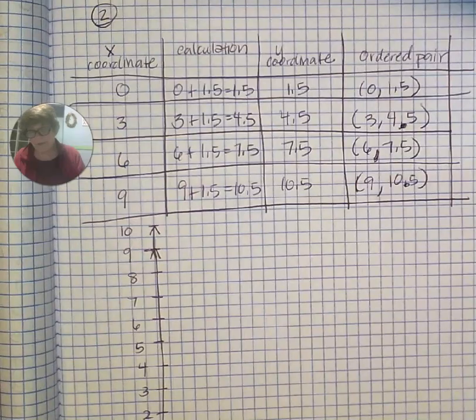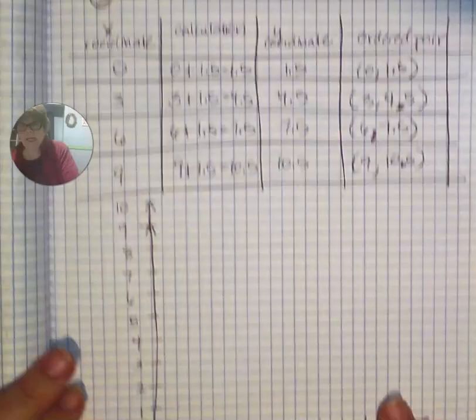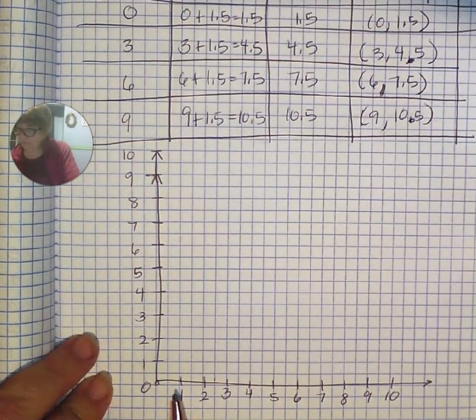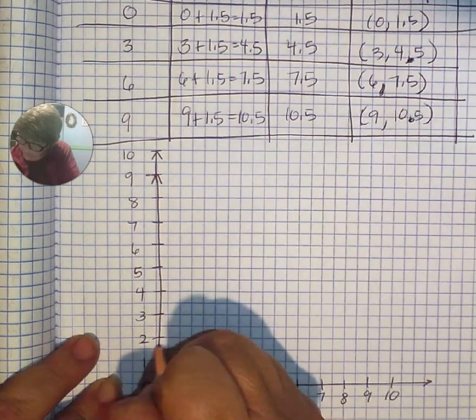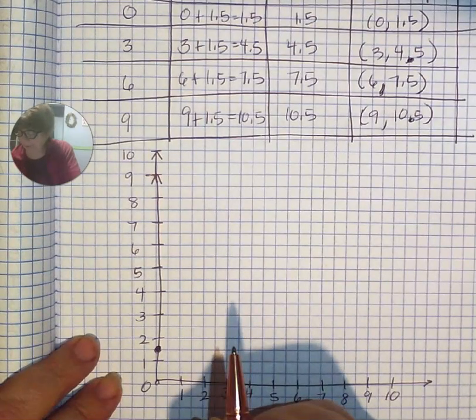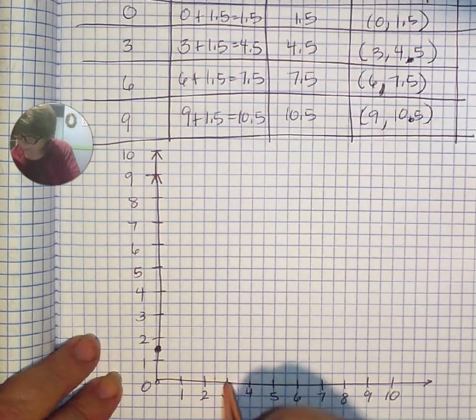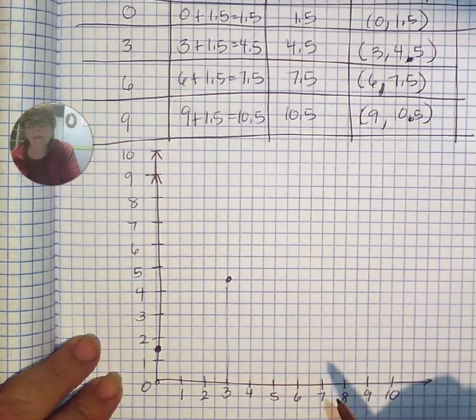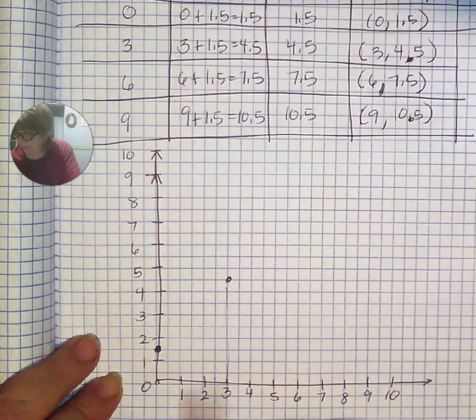Guess what we're going to do next? You can see the coordinate grid there ready to go. We're going to plot our 4 ordered pairs. Starting with 0, 1.5. 0, and then up 1.5, so it's going to be on the y-axis. Hopefully you're going faster than me. That's the idea. 3, 4 5/10, or 4.5. 6, 7 5/10.